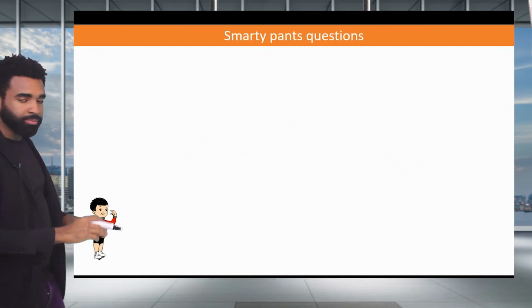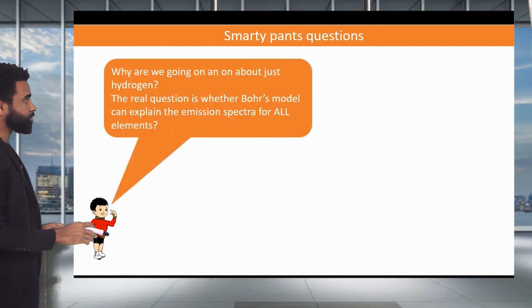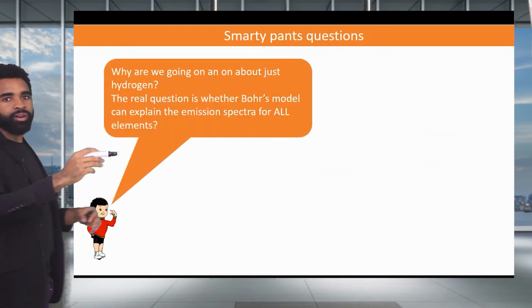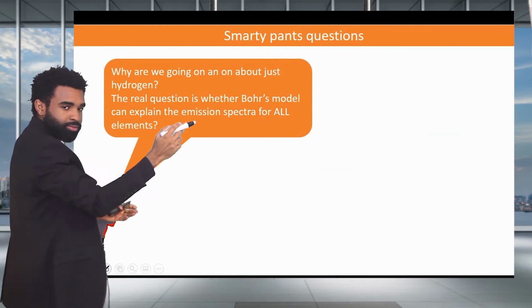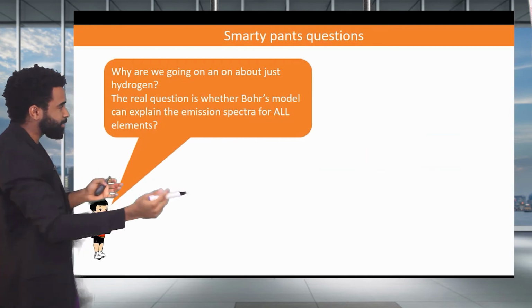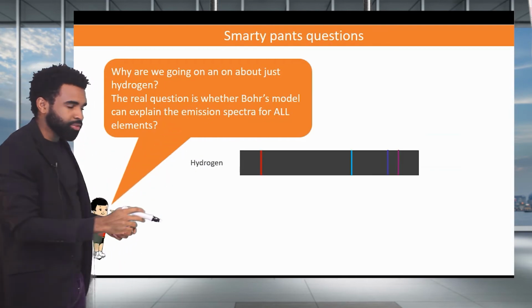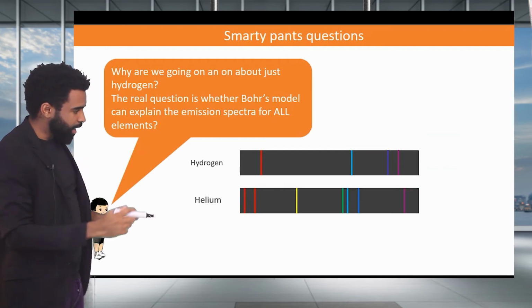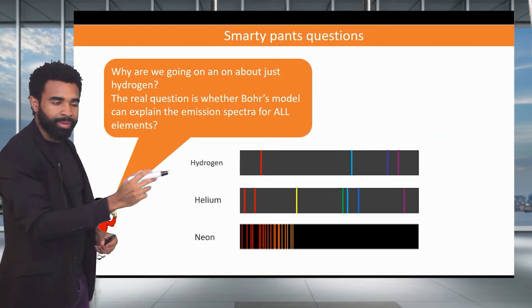Now you might have some questions for me. One question you might have is the following. Why are we going on and on about hydrogen when the real question is whether Bohr's model, the whole transition thing, explains the emission spectrum for all elements? Here's the spectrum of hydrogen. It's quite simple to explain. How about helium? How about neon? How about all the other more complicated spectra that come after hydrogen?